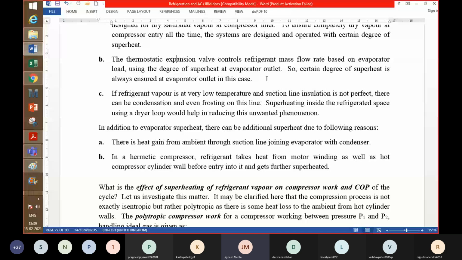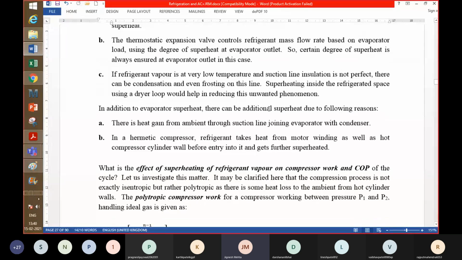So one might want to slightly increase the temperature of the refrigerant, not exactly in the evaporator, but sometimes, as one diagram will be shown to you, there is a dryer loop that is used, and there you increase the temperature slightly so that when the line comes out of your refrigeration device, the temperature is high enough so that there is no frosting or condensation over the suction line.